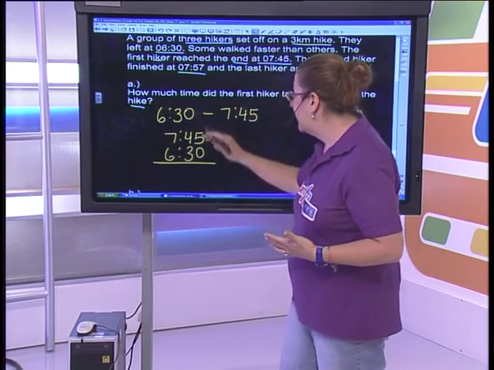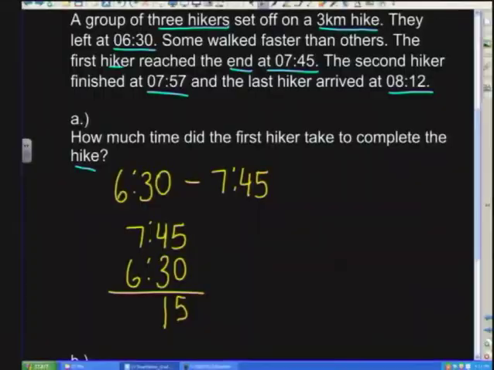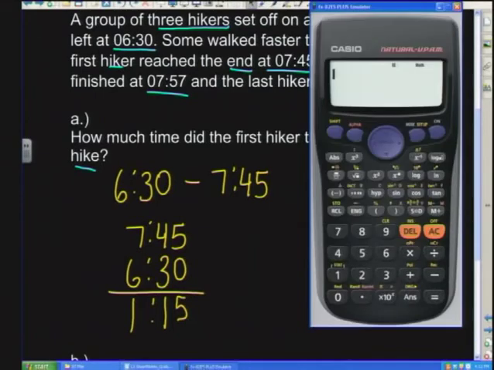We can also set it out like this: 5 minus 0, 4 minus 3, and 7 minus 6. So there are a number of different ways you can do it, and I'm going to show you how to do it on your calculator. This needs to be done on the scientific calculator.